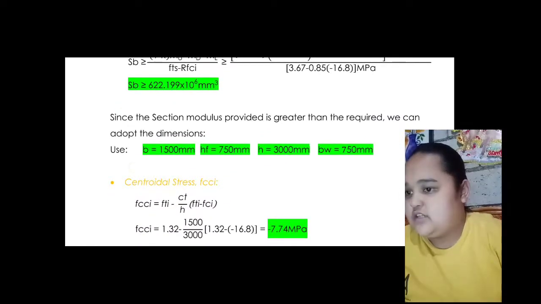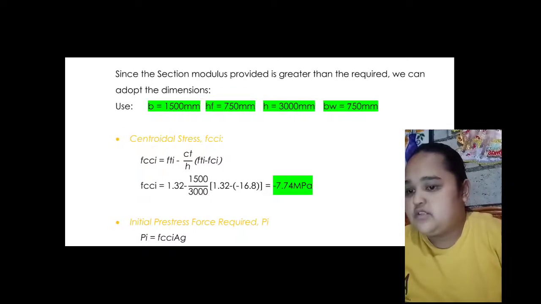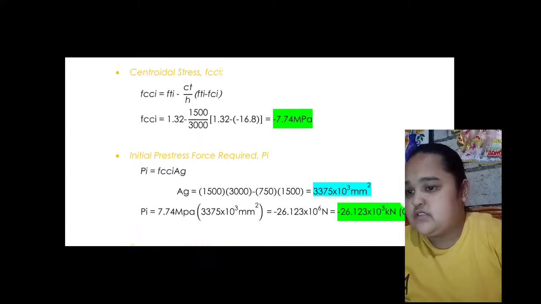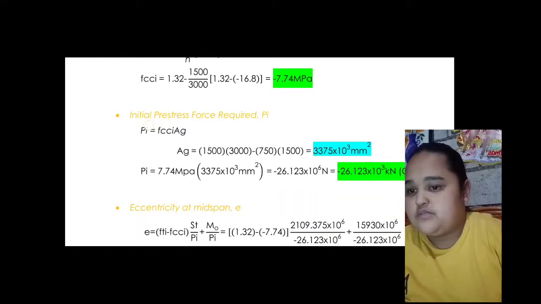Compute again the centroidal stress, which is negative 7.74 MPa. Initial pre-stress force required, or PI, is equal to negative 26.123 times 10 raised to 3 kilonewton compressive.